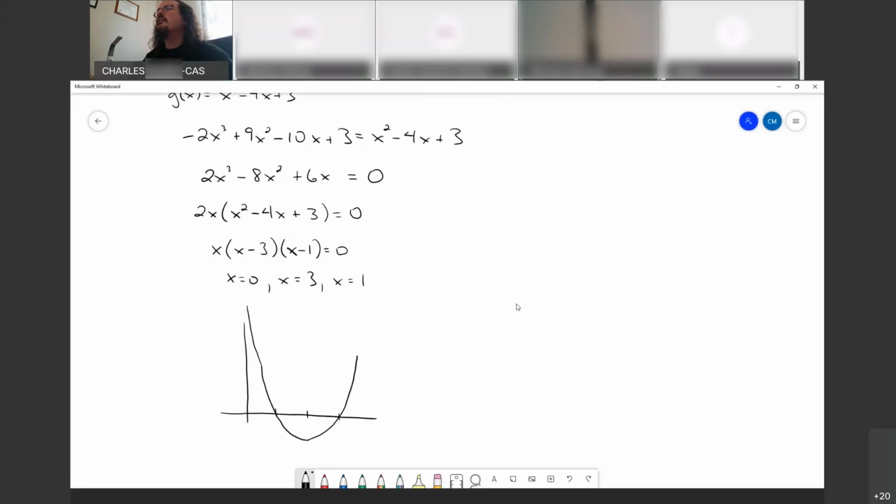All right, so if I plug in 0 to the other one, I get 3, so I guess that one's going to be here. And then if I plug in 1 to that other one, in fact, I don't know, I think I'm just going to have to graph these on my calculator because I can't think about what they're going to look like. Give me a moment, I'm going to put these on my calculator.